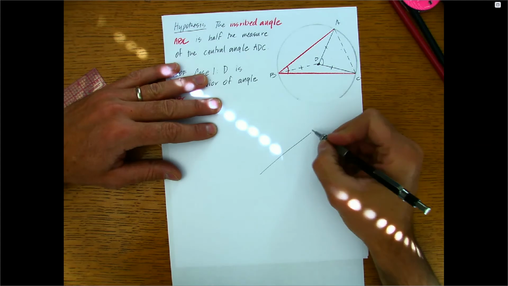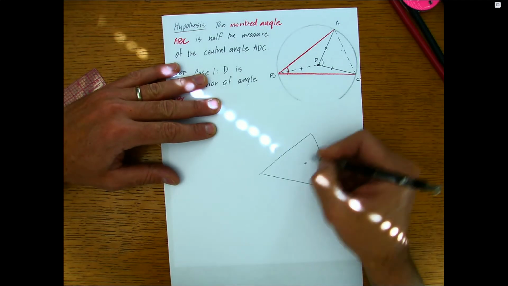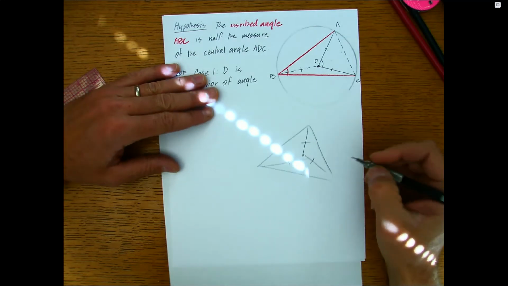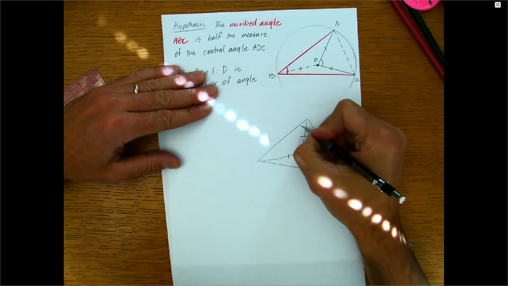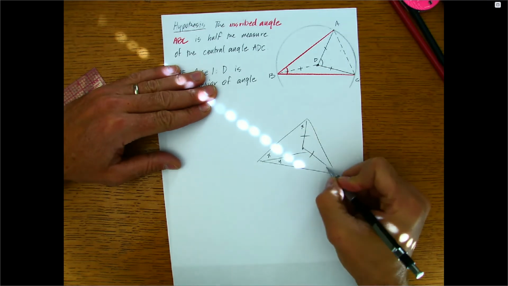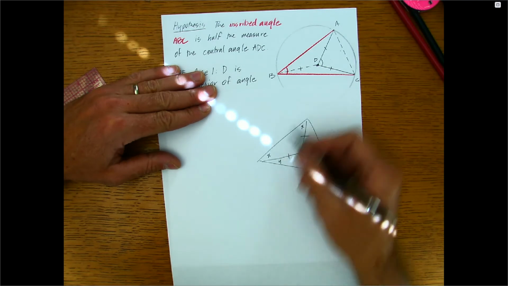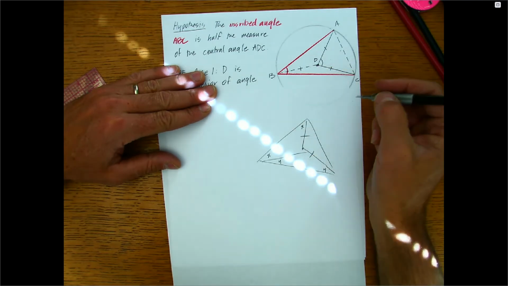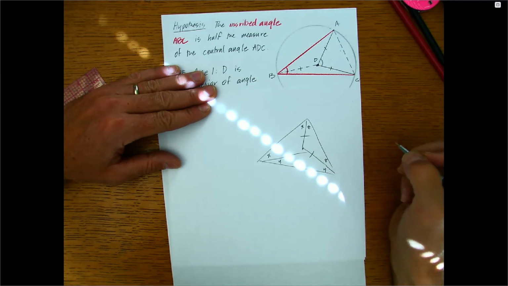I'm going to roughly draw this and think about it a little bit. We have something that looks kind of like this, where these are all the same. If those are all the same, these are isosceles, so I could call this an X, that an X. This would have to be a Y, and that could be a Y. It's not necessary that it be the same as that one; in fact, you can see that in the drawing. Then this one could be a Z, and that could be a Z, right?